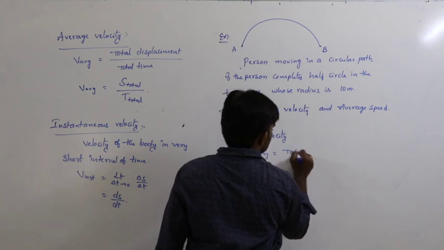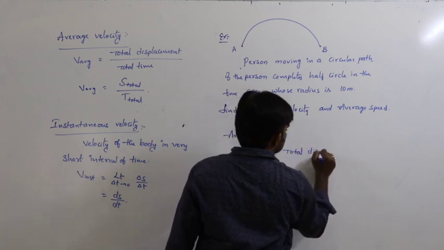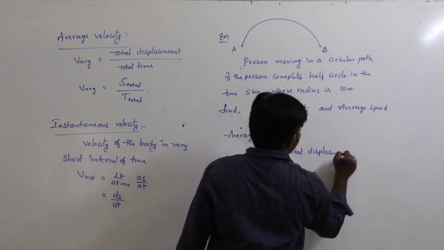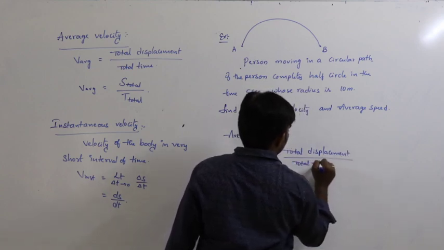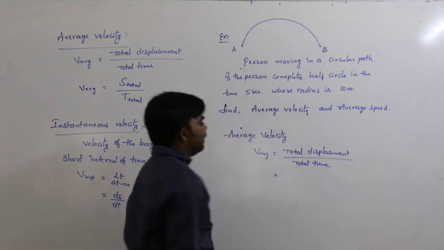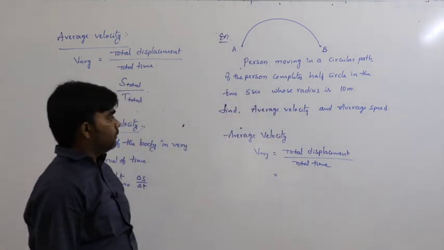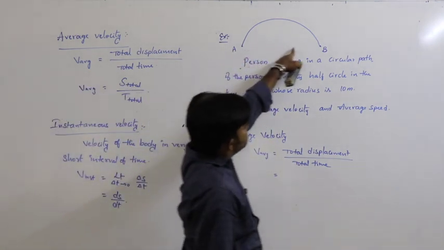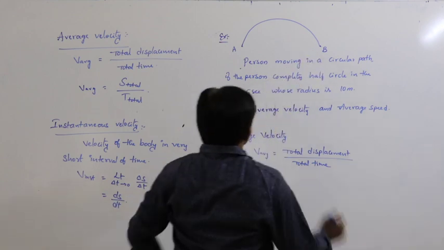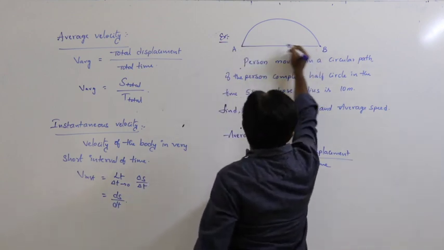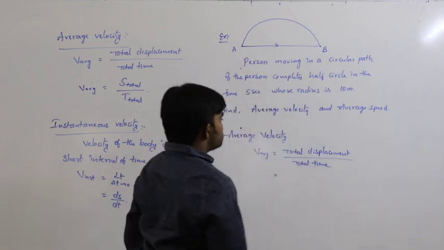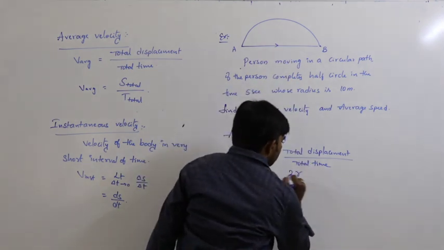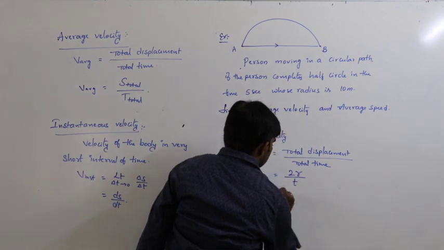It is total displacement by total time. What is the displacement here? The displacement from A to B in a particular direction. Total displacement is nothing but the diameter of the circle divided by total time.